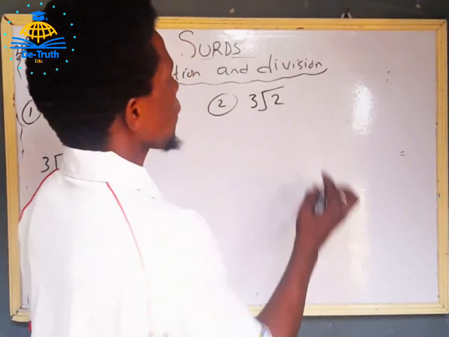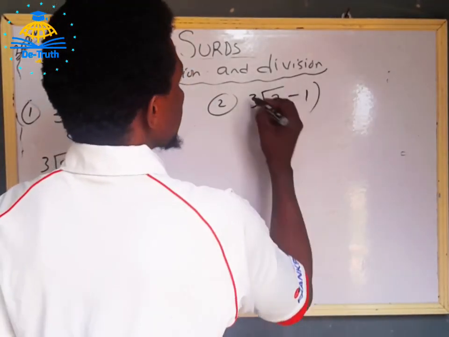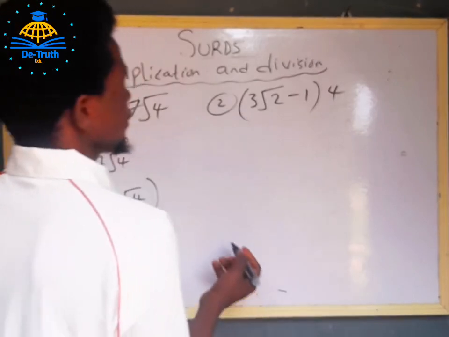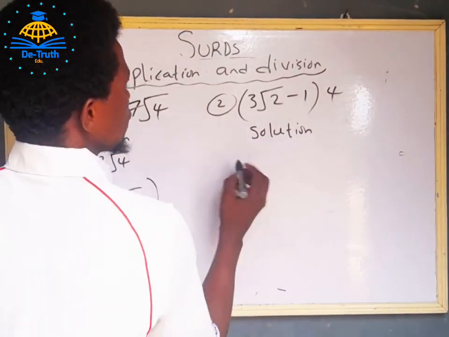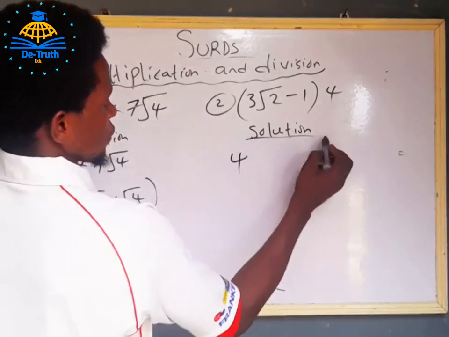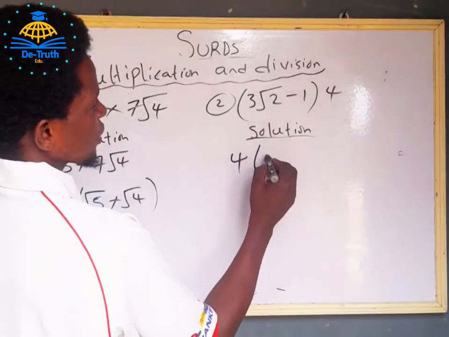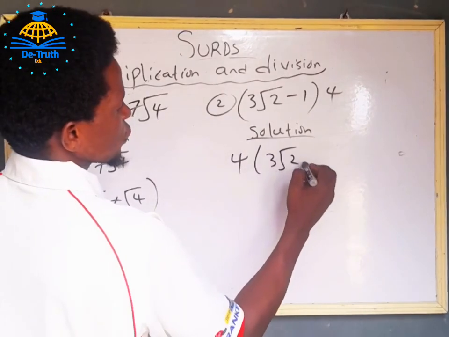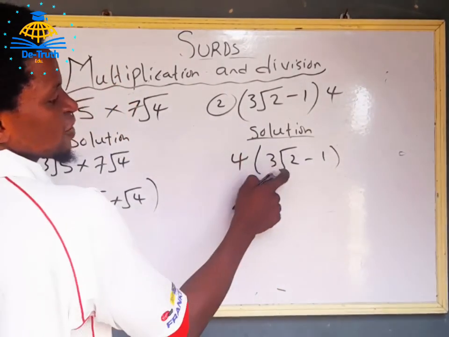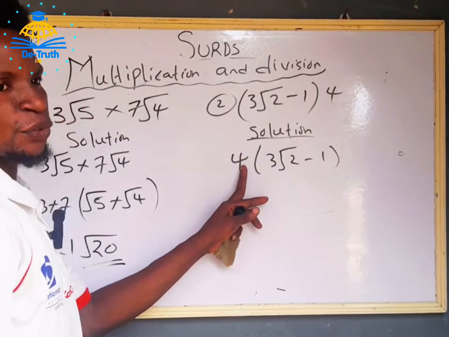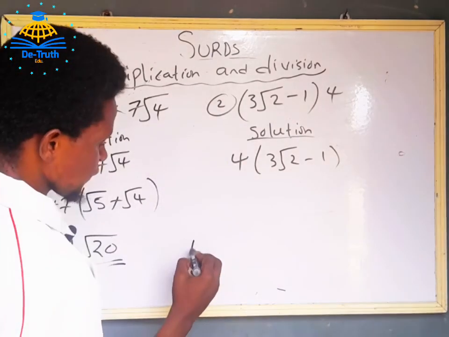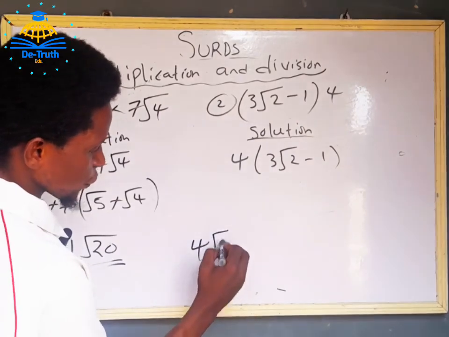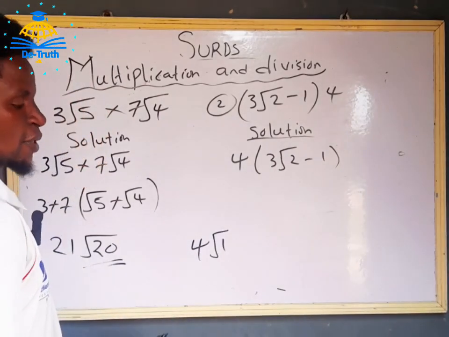3 root 2 minus 1 multiplied by 4. So this one is like 4 bracket 3 root 2 minus 1. So 4 times 3 root 2. This 4 doesn't have a root, so we assume that this 4 is 4 root 1. That is what we assume.